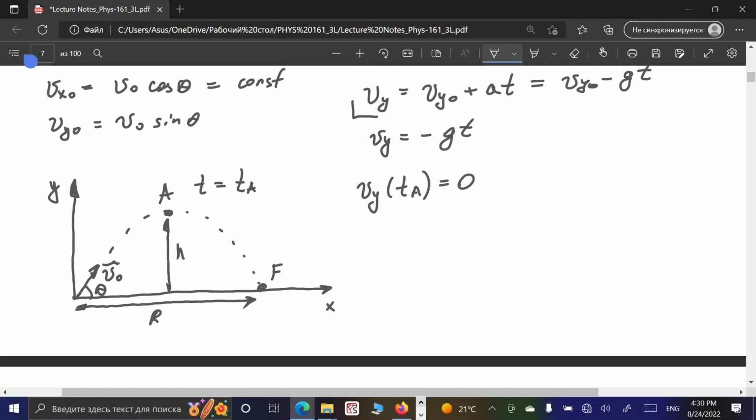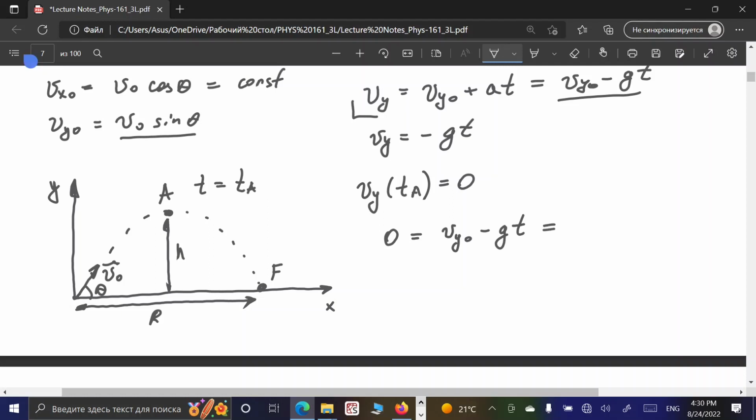So it will reach maximum height and will not move further along axis y. So taking into account this equation and substituting TA instead of t, we can write that 0 is equal to Vy naught minus g times TA. We need to recall that Vy naught is actually v naught, magnitude of the initial velocity vector, times sine theta, the angle between velocity vector and horizon.